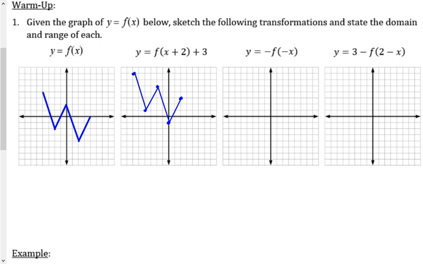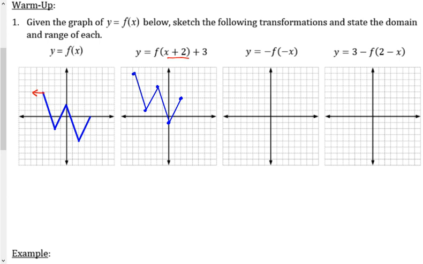So, as we look at the second equation where we have f of (x plus 2) in brackets, then all plus 3, the x plus 2 grouped together is affecting x's, so it does the opposite of what it looks like. So instead of to the right by 2, it's to the left by 2. So every point is going to move left 2 units.